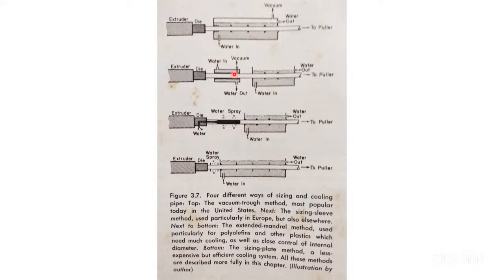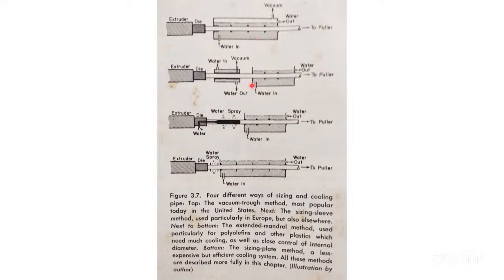What is the difference between these two? This is a complete cylinder here, which is a perforated sizing sleeve, with a highly mirror finish inside. And therefore you are getting a very good outside surface of the pipe as compared to this.